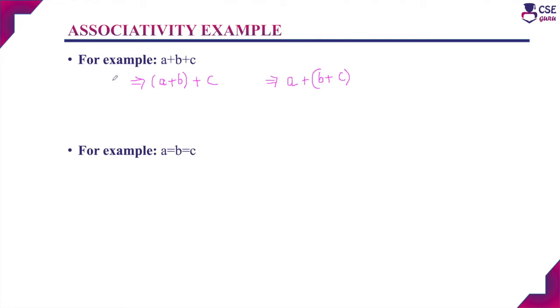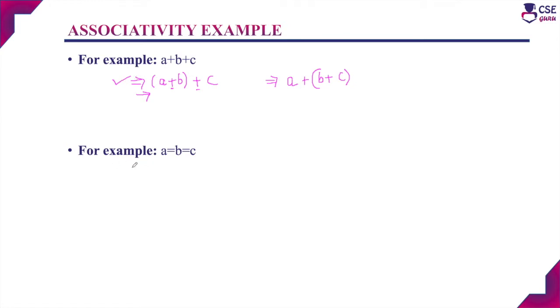The first method is the right method, because there are two addition operators, and the associativity rule for the addition operator is from left to right. So the operator that appears first from the left should be evaluated first, and then the next operator should be evaluated as per the associativity rule.